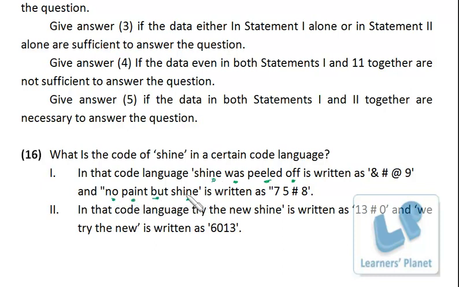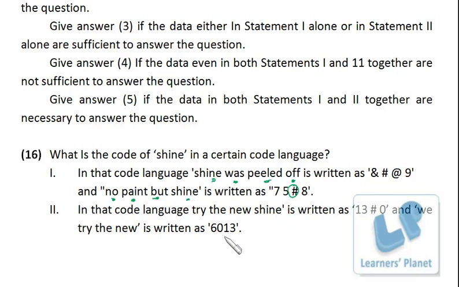So only shine is common between the two, right? So we just take the common symbol between these two sets. We have this number sign that is common between these two. That means shine is coded as number sign. So this question can be answered just by using statement 1.